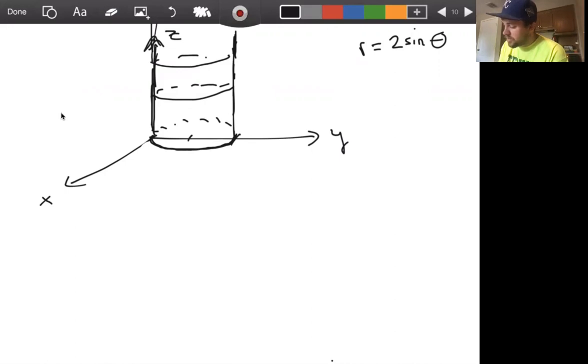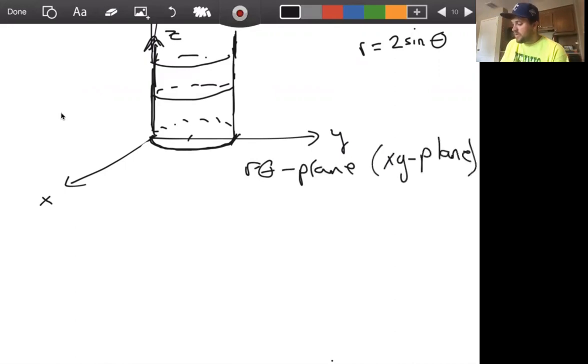And because we're bounded below by the r theta plane, right, that's also the xy plane for intuition, right? And we're bounded above by a sphere of radius 4. And so we come up 1, 2, 3, 4 here.